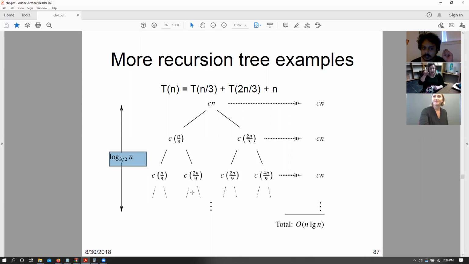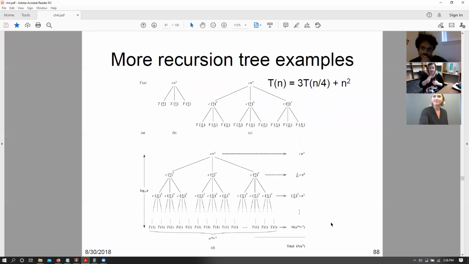So if we have log base 3 by 2 of n, and we have Cn for each level, then we have the complexity of Cn times log base 3 by 2 of n. Either way, the time complexity again becomes big O of n log n, right? So even if it's an unbalanced merge sort, we are still going to get our complexity of n log n.